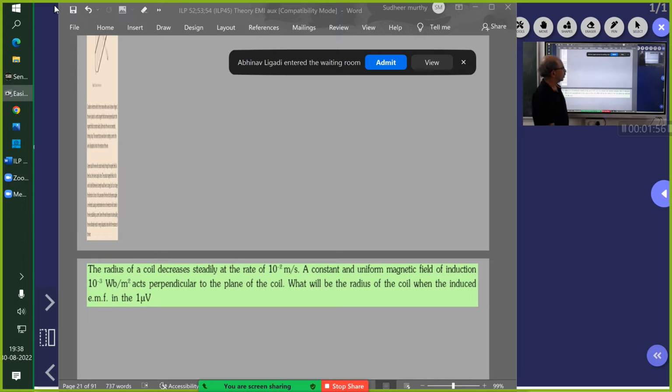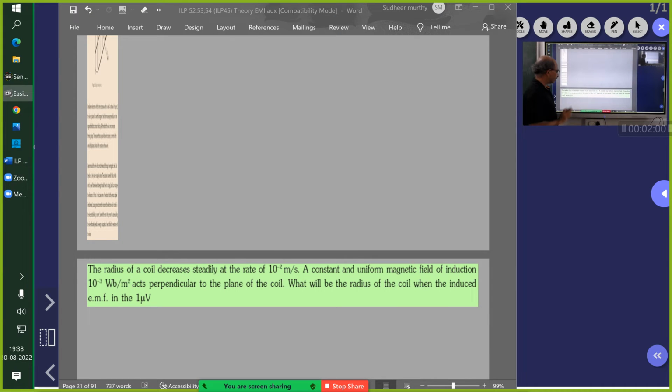See, you must go through the fundamentals, then this problem can be solved. So they have asked you what will be the radius of the coil when the induced EMF is so and so. From the given data, what you understand is that the radius is decreasing, meaning the area of the coil is decreasing.